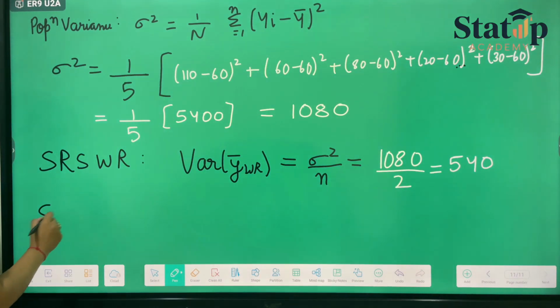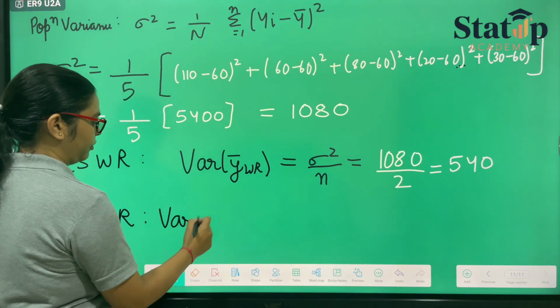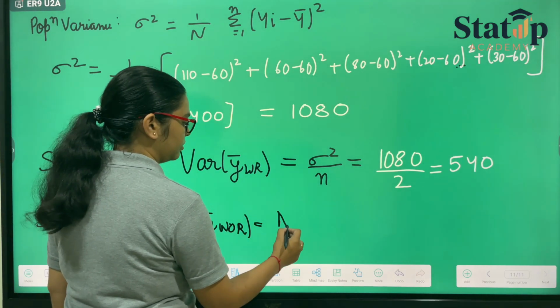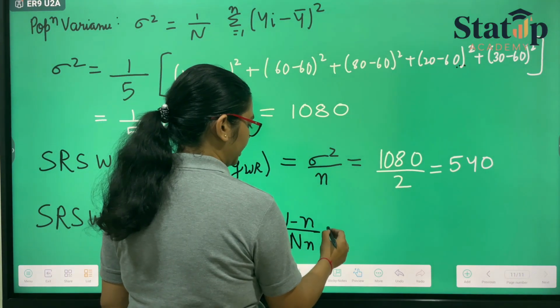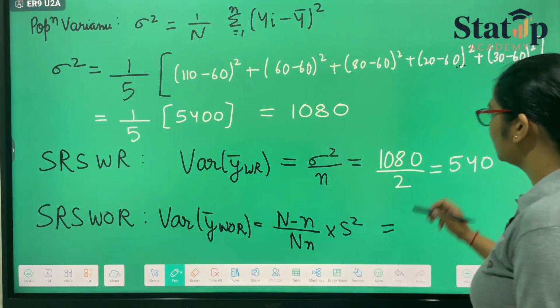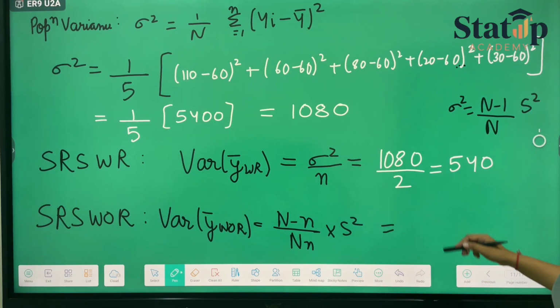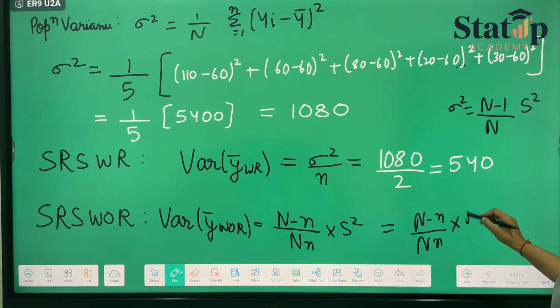And if we calculate for simple random sampling without replacement, our formula is capital N minus small n upon capital N into S square. Now S square can be substituted in terms of sigma square, which is nothing but capital N minus 1 upon capital N into capital S square. So substituting this value, we'll get N minus n upon N into N upon capital N minus 1 sigma square.